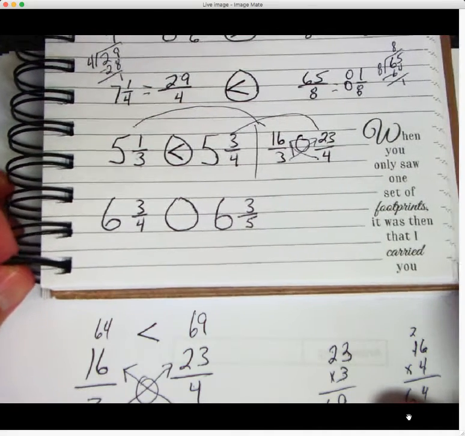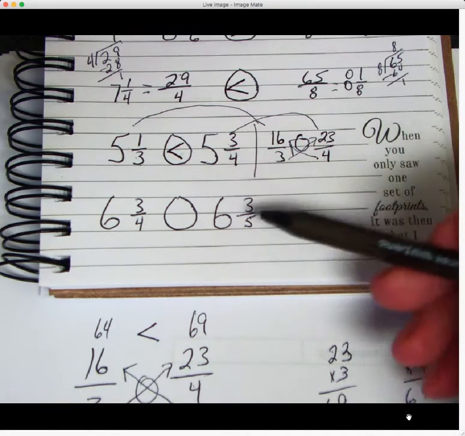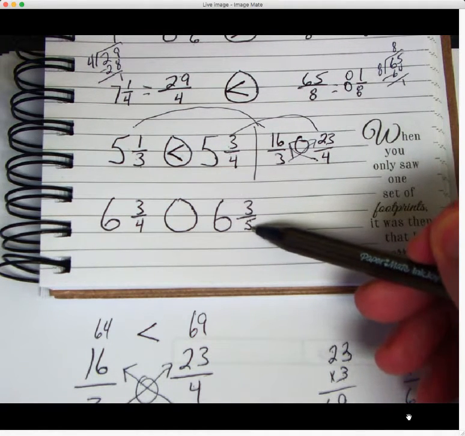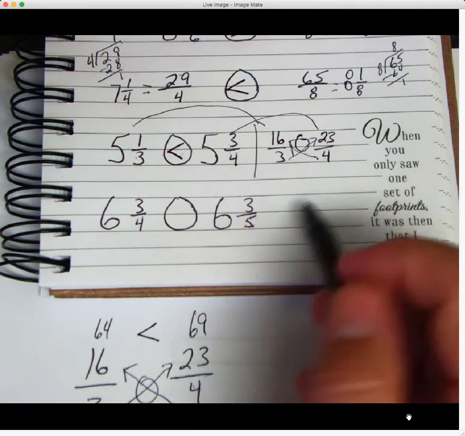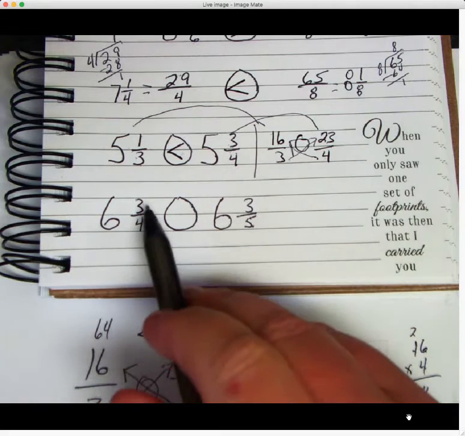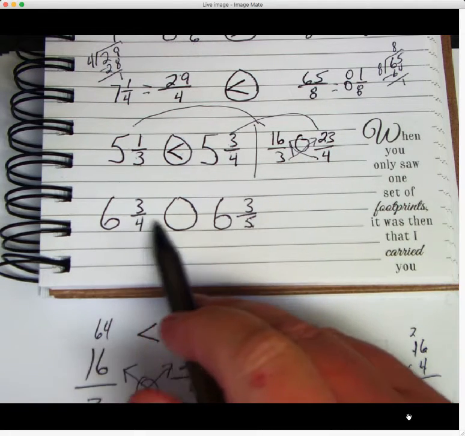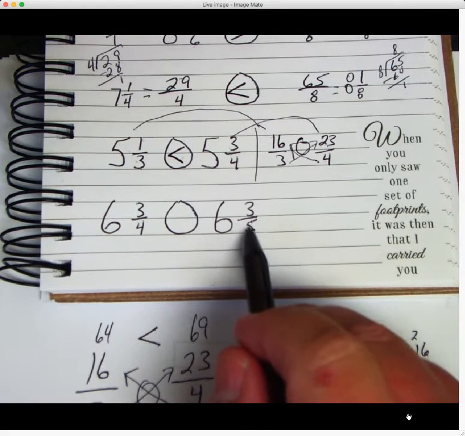Now, if you'll remember what we learned earlier in the year, the bigger the number on the bottom, the smaller the pieces. That goes back to a reasoning lesson from a couple of weeks ago. If I have a candy bar and I split it into 5 pieces, and I split that same candy bar into 4 pieces, if I have to split it 5 times instead of 4, then each friend is going to get a smaller piece.